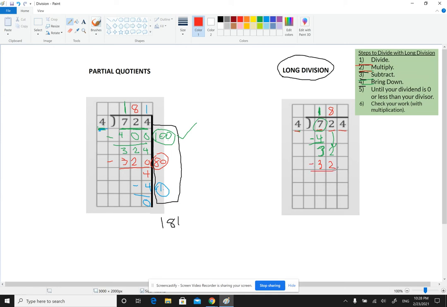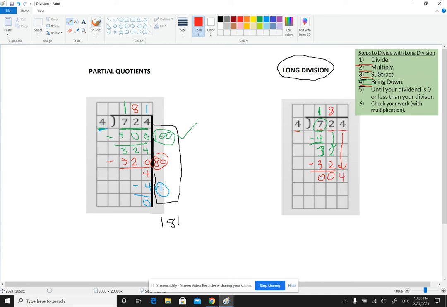And now I can subtract, because I divided, multiplied, subtract. And it seems like I get 0 from that subtraction. And then bring down. Now it's asking me to bring down the next number. So as I bring down my next number, I'm going to do the algorithm again.